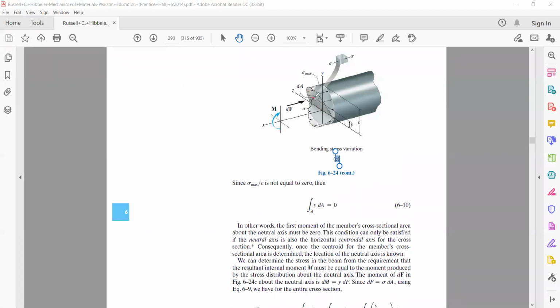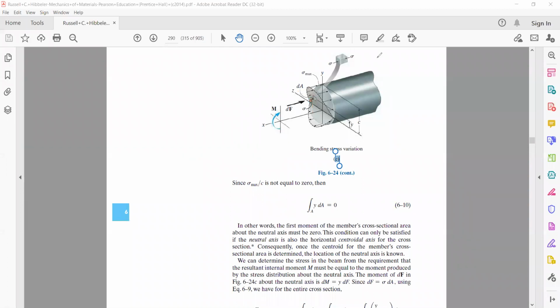If you take a small area element here whose area is dA, and let's suppose at this very small element the stress value is sigma, then sigma multiplied by dA will be equal to dF. That is, stress multiplied by area gives us the small force that is present on this area.